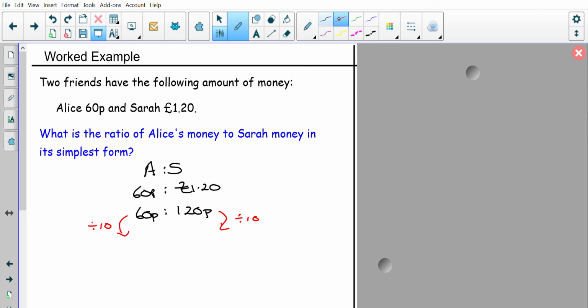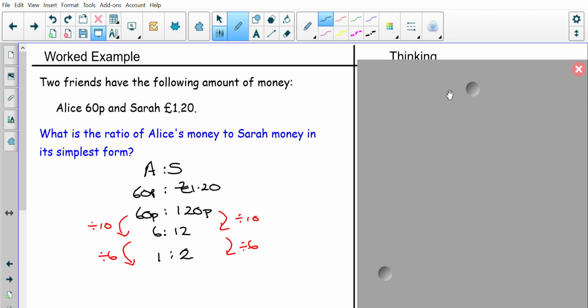So if I divide both sides by 10, I get 6 to 12, and then I should be able to see I can go one step further and divide both sides of the ratio by 6. So we're simplifying a ratio here by dividing both sides of the ratio by the same amount as far as we can go. So we get there that the simplest form of the ratio is 1 to 2.